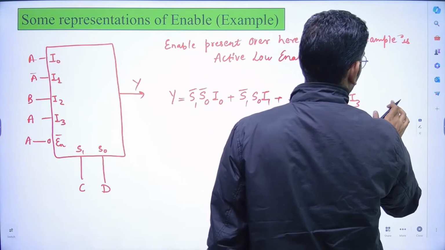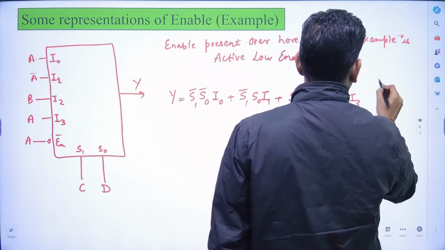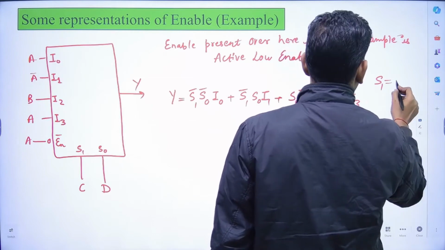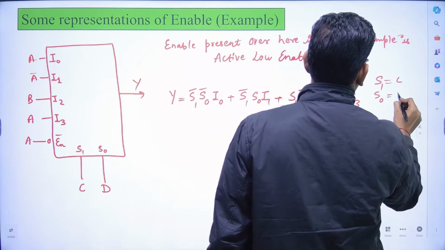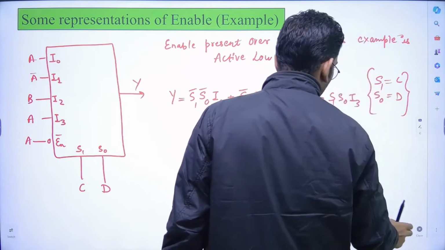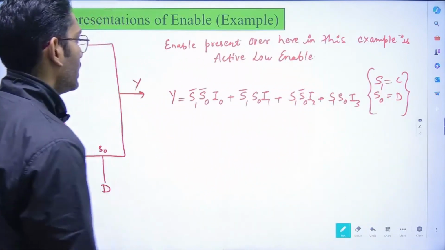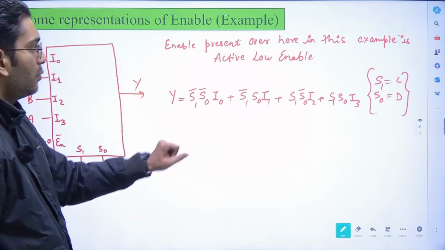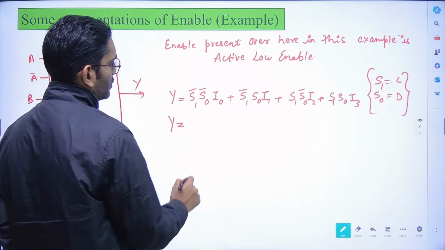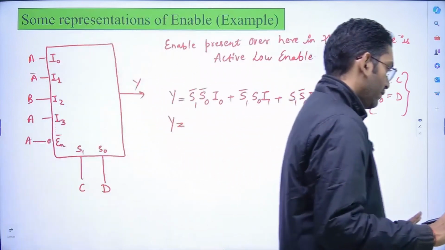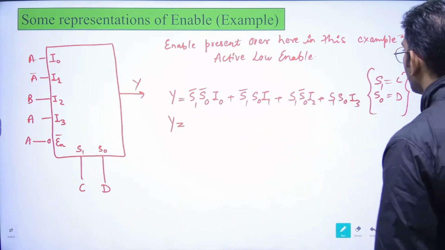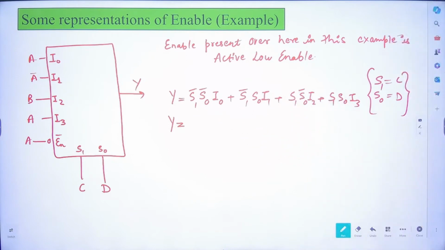Now here in this case, S1 is C and S0 is D. So we would be placing these values here. Putting these values in this equation, we would get Y equals something, but here in this case enable is also present.